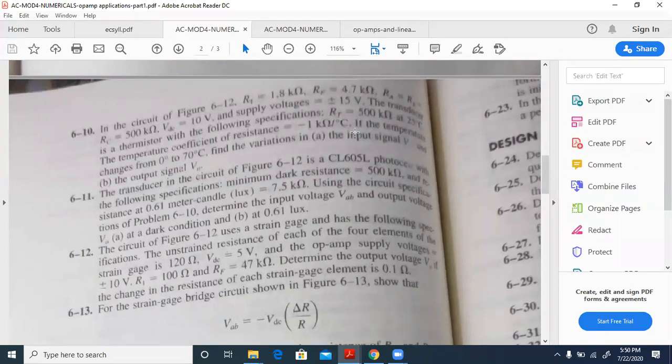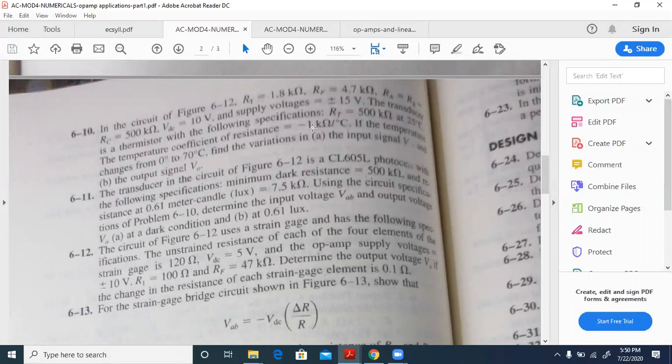I'll just tell you the resistance value at different temperature. At 70 degrees centigrade, it will be 500 plus 70 minus 25 into minus 1 kilo ohm per degree centigrade.